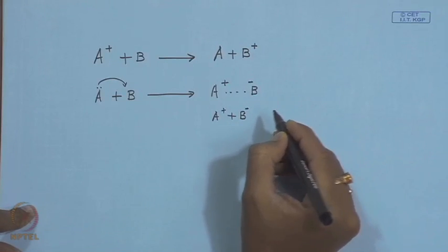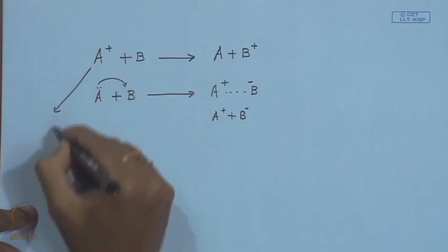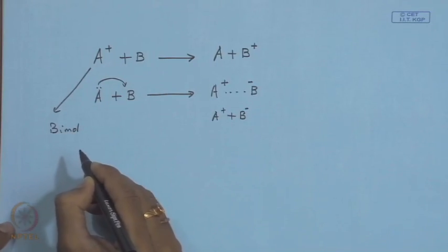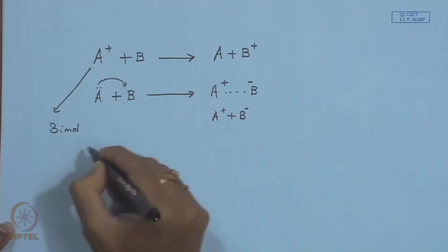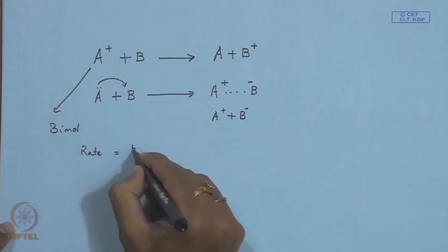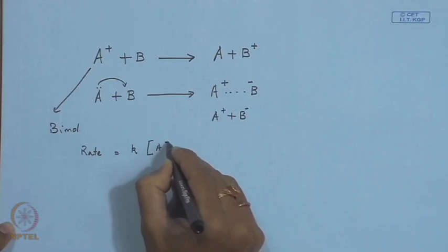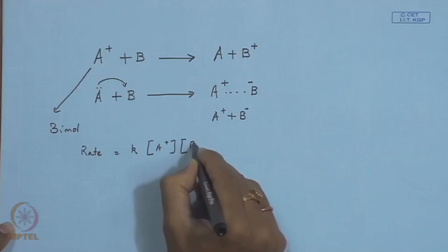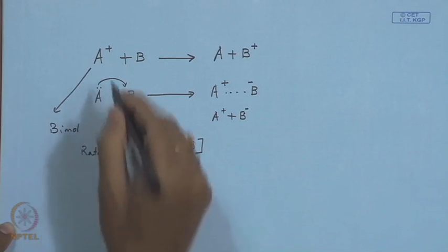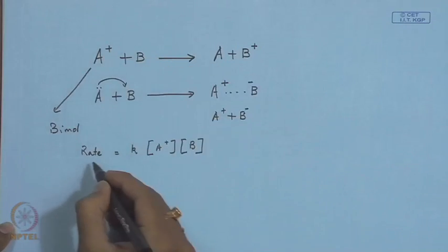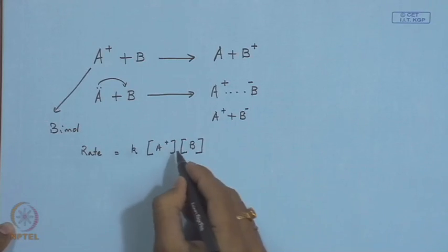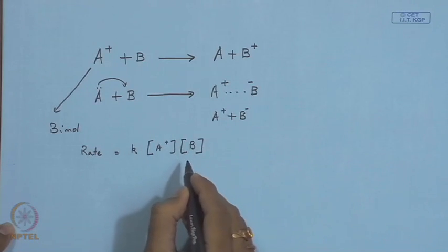Okay. So, it is a bimolecular reaction. So, the rate of the process is equal to k times the concentration of A plus times the concentration of B. If it is an elementary step, then since two species are involved, the rate is equal to k times [A+][B].